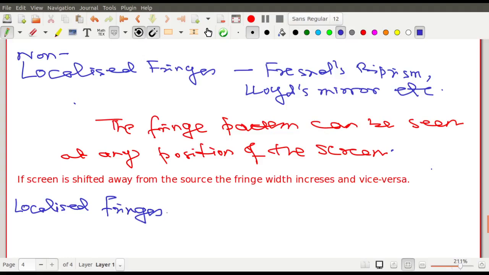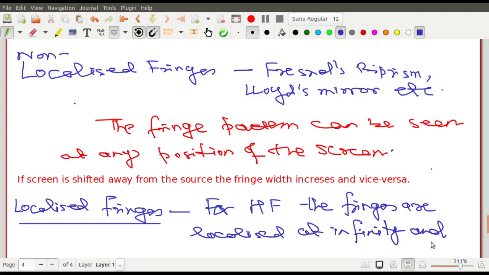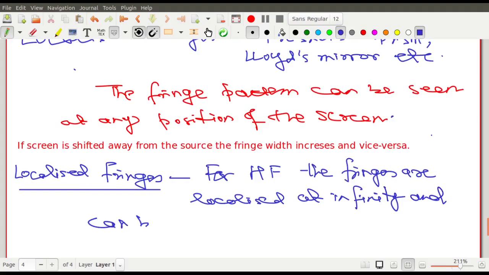You have seen that for Haidinger fringes, the fringes are localized at infinity, right? And they can be brought to focus by using a lens system.